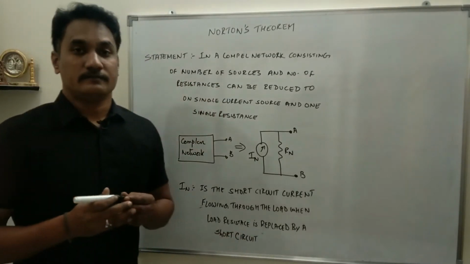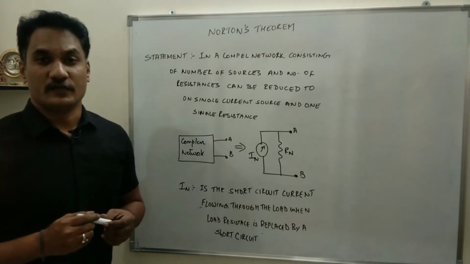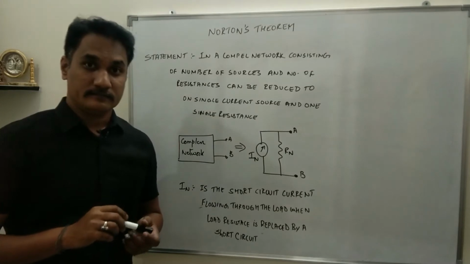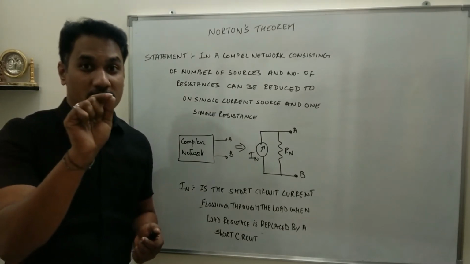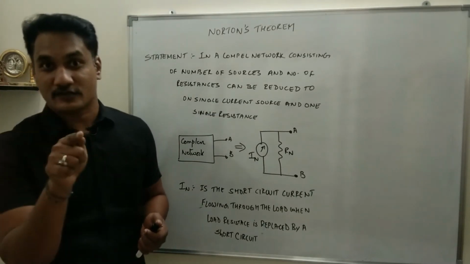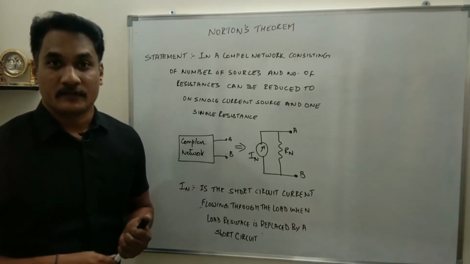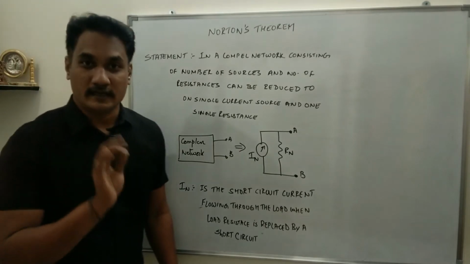If you remember, in Thevenin's theorem, what we do is we remove the load resistance and we calculate the open circuit voltage across the terminals, right? In Norton's theorem, we will remove the load resistance, we will create a short circuit, and we will measure the short circuit current.